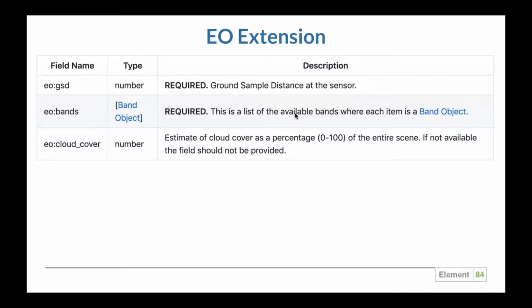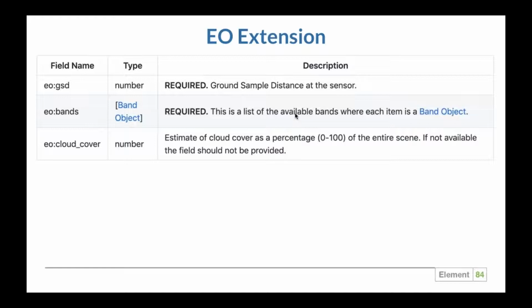And so we moved those into these optional fields that are really common across all types of data. If it's been collected from a platform, you probably have those fields. So here we just have the ground sample distance, which is commonly referred to as resolution, and cloud cover, and then bands is an object that allows you to tie assets back to spectral information, which is really useful.